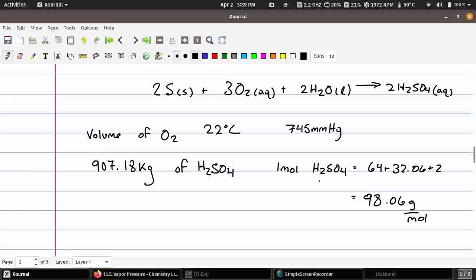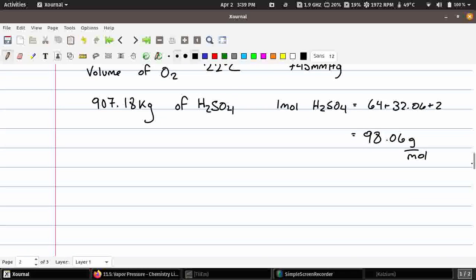So we have a lot to do. First, let's convert this to kilograms.